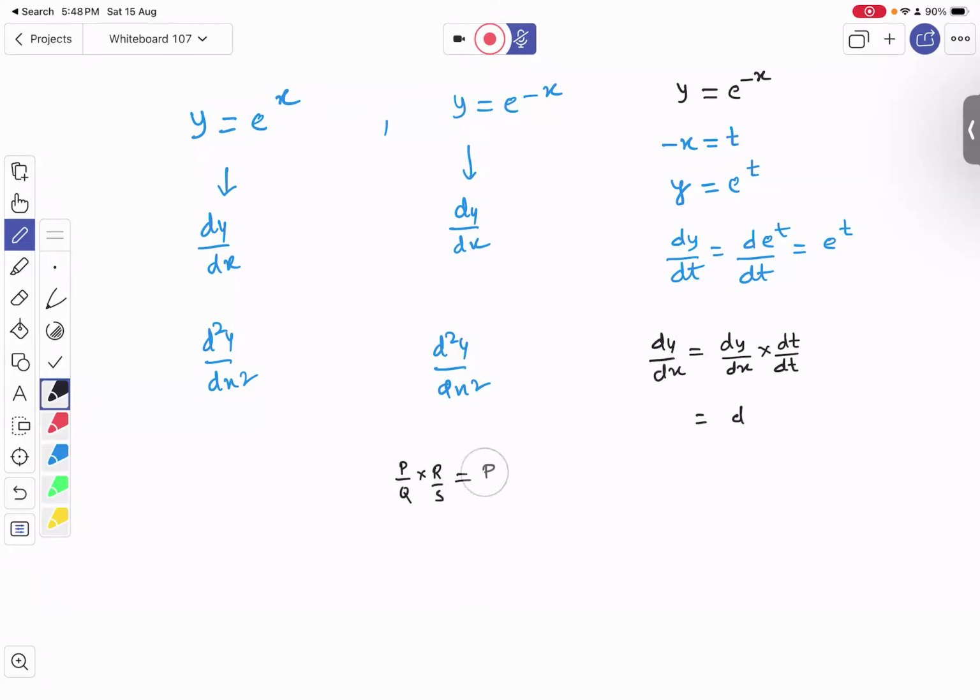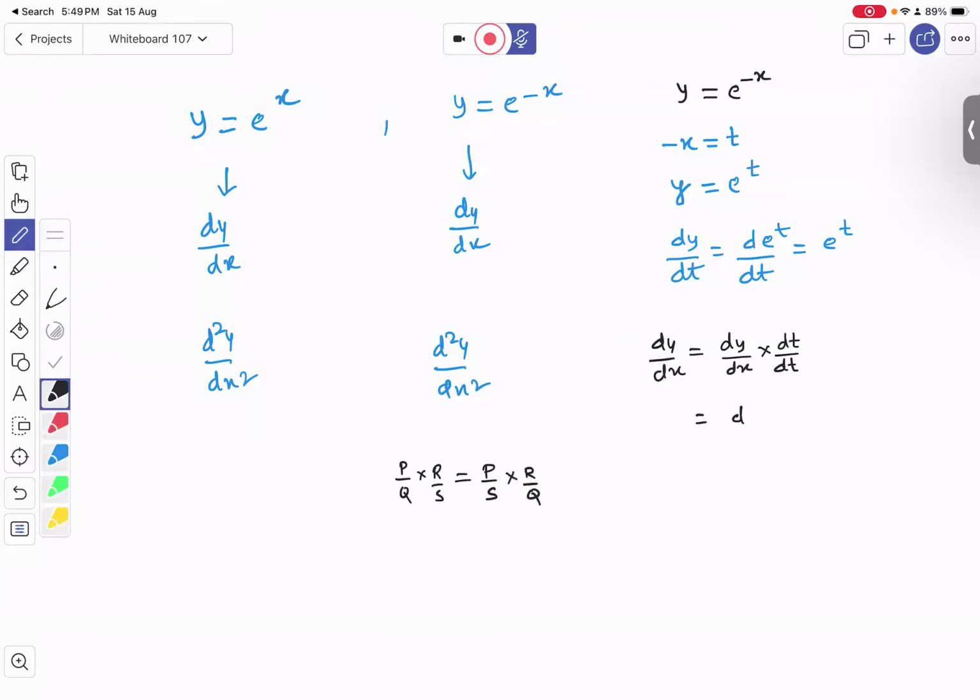If I exchange the denominators, even though after exchanging the denominator, P by S can have a different identity, R by Q may have a different identity from whatever was R by S, doing such a thing is totally fine, no?